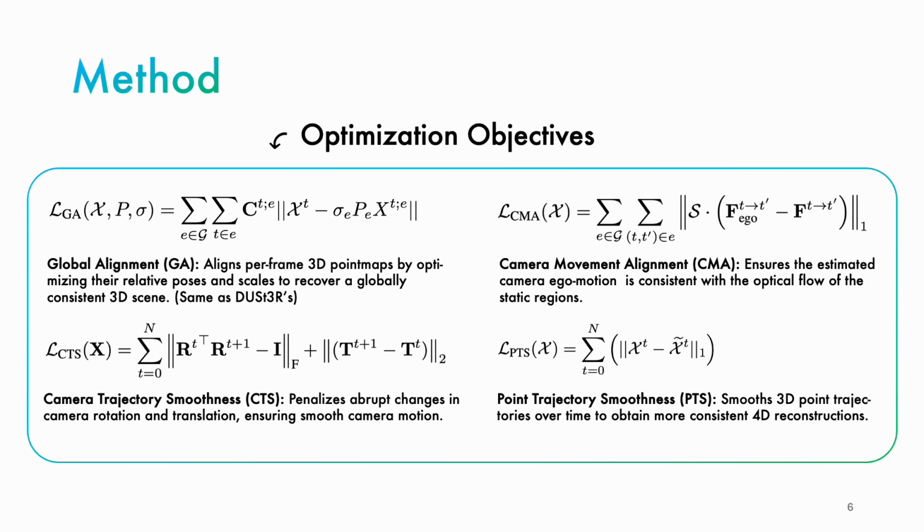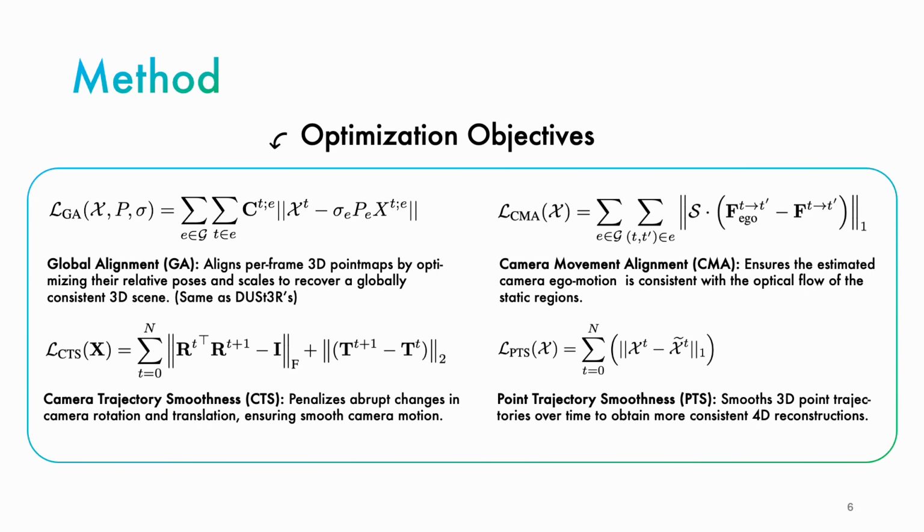Our correspondence-aided optimization is guided by four distinct objectives. First, the global alignment objective, adopted from DUSt3R, ensures the overall geometric consistency of the reconstructed scene. Second, the camera movement alignment objective aligns the estimated camera ego motion with the optical flow field within static regions of the scene.